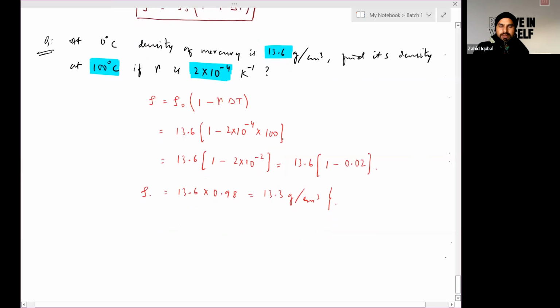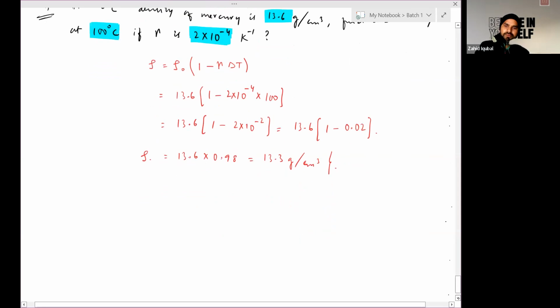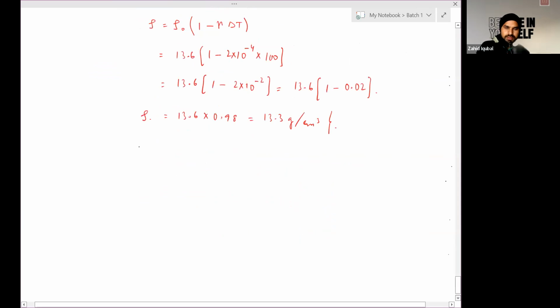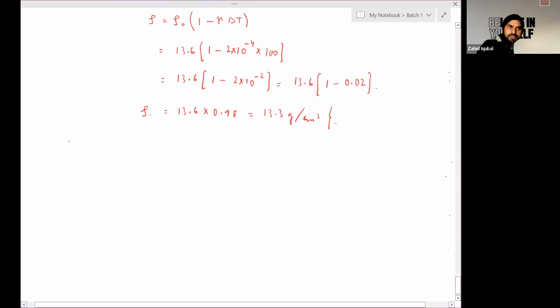Now this density or this volume relation will be applicable for all different objects, but there is an exception in the case of water for a particular temperature change, which is called the anomalous behavior of water.